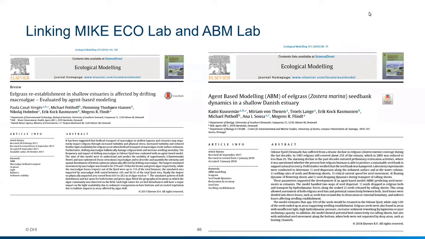On the other paper here, it's also on eelgrass, but here it's the seeds that are modeled by the agent base. So we model specific seeds and the spreading of those to see where they will start providing new eelgrass meadows using the agent-based model, and then the growth in the Ecolab.